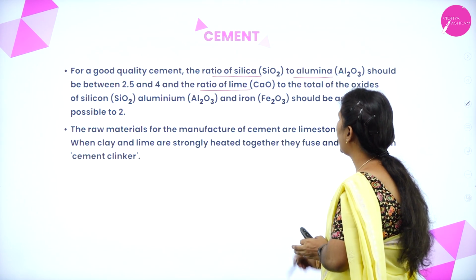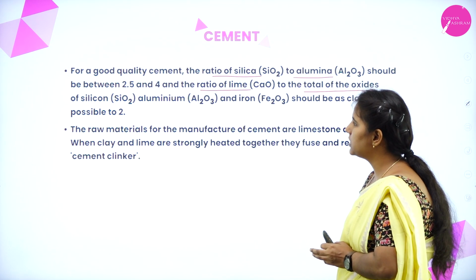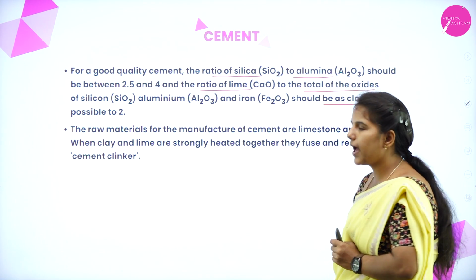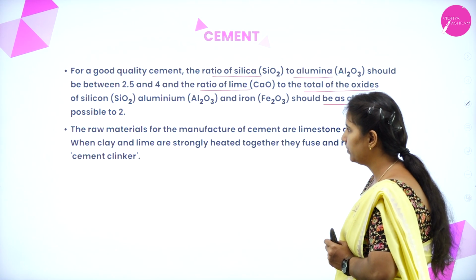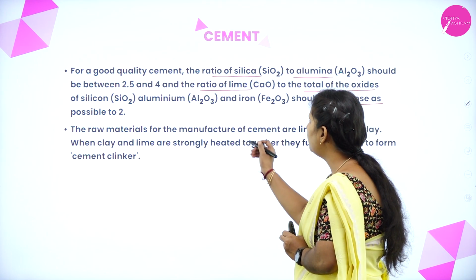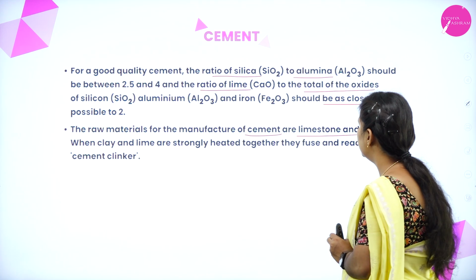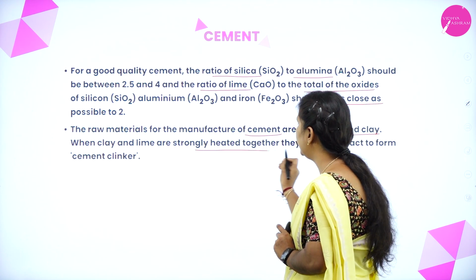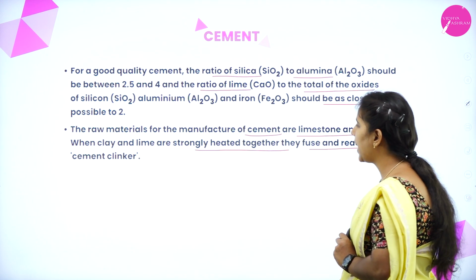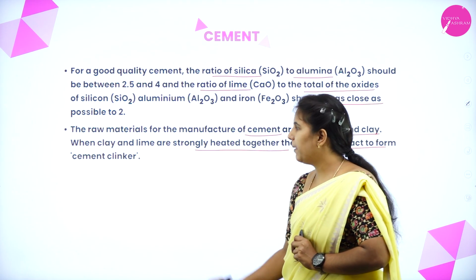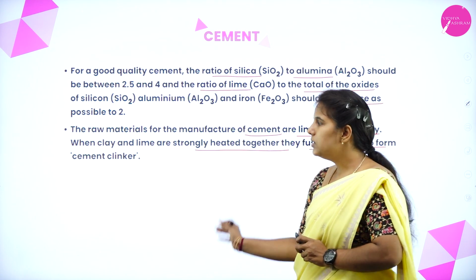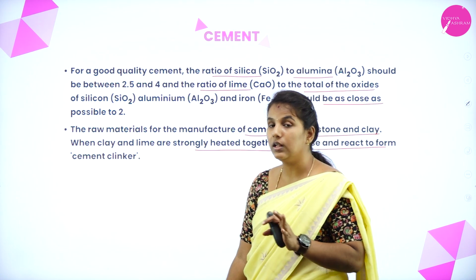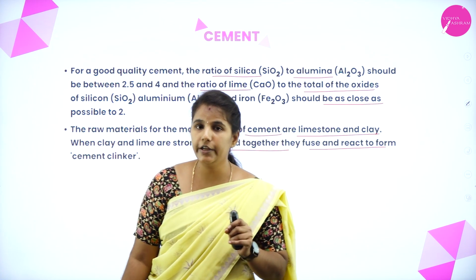The ratio of lime to the total of the oxides of silicon, aluminium and iron should be as close as possible to 2. The raw materials for manufacturing cement are limestone and clay. They are strongly heated together to fuse and react to form cement clinker. This is how, to get good quality cement, they adjust the composition to 2.5 to 4.